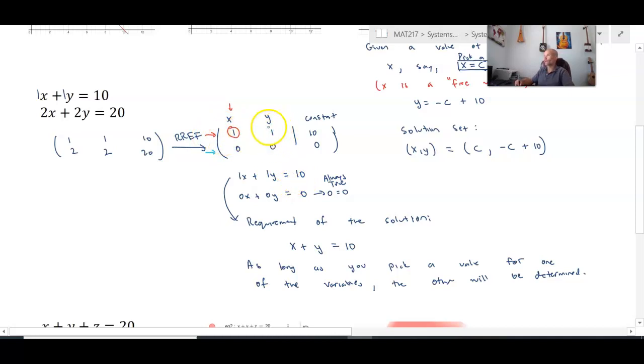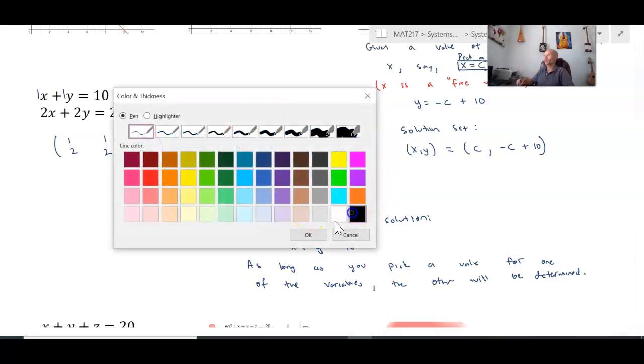This has a 1 obviously, but there is no row in which y corresponds to the first non-zero value. Therefore, whatever variable is left, we will consider to be the free variable. This just makes it the same process every time. We'll see that in the next example a little more clearly.